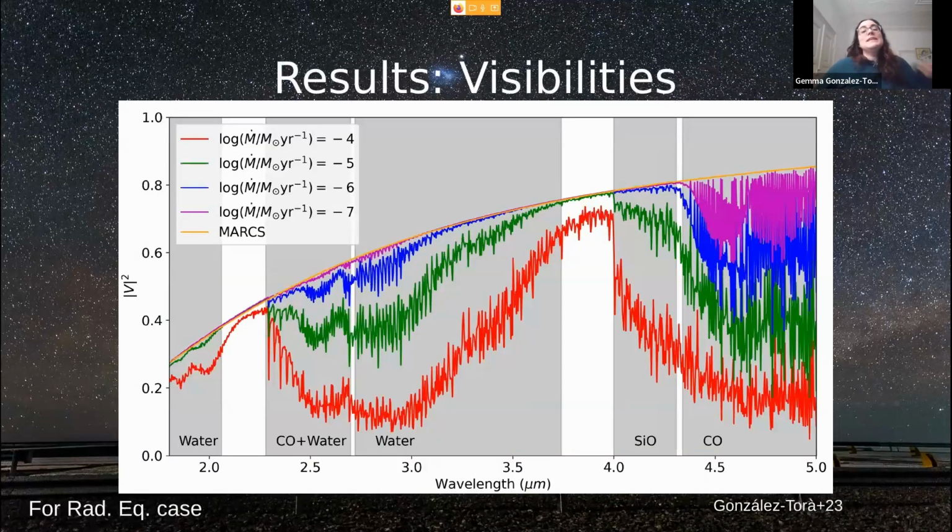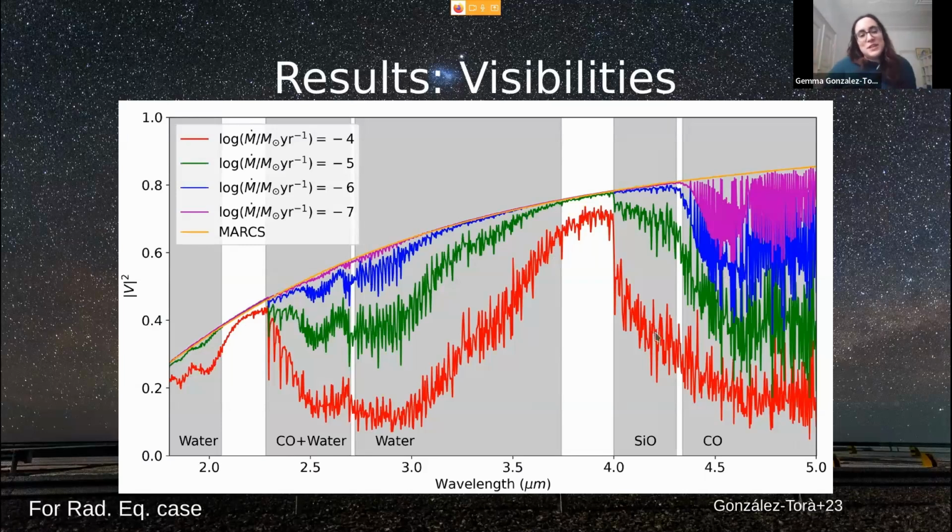So this is, again, only the model. For now, we are not showing any data. What happens with these models? We have the intensities, which means that we can obtain the visibilities. And you can see, compared to the flux, the changes are way more dramatic.